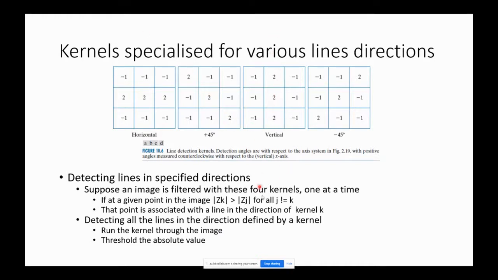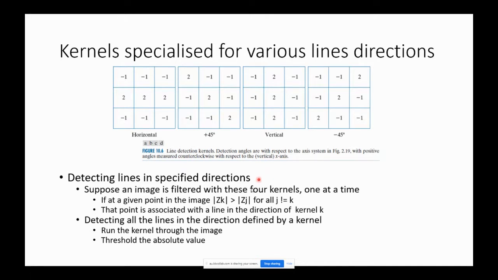These here will get lines that are vertical. And this kernel here will get lines that are minus 45 degrees, right? You see that this is the negative of that, rotated 180 degrees. That's in order to detect lines in specified directions.